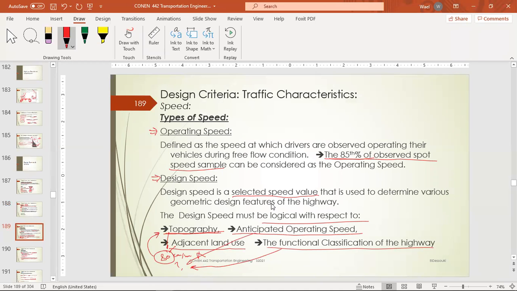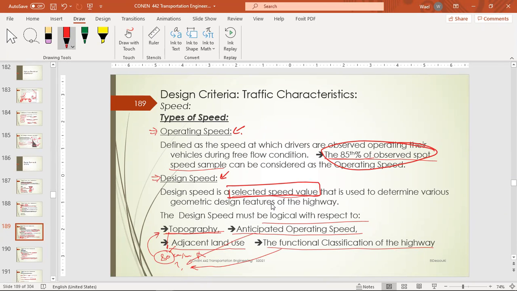We have types of speed. What are the types of speed? We have two types: operating speed and design speed. Operating speed is the speed expected, the 85th percentile of the observed spot speed, so that's the observed speed of the road users. The design speed is a selected speed. So there is a fundamental difference between operating speed and design speed.